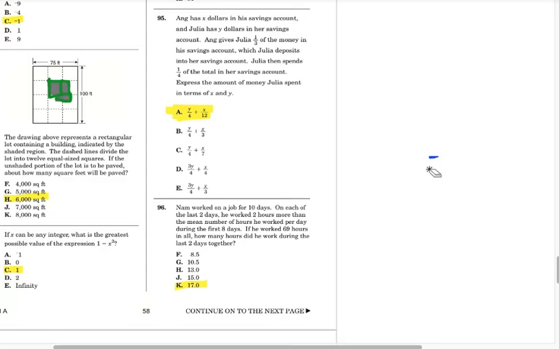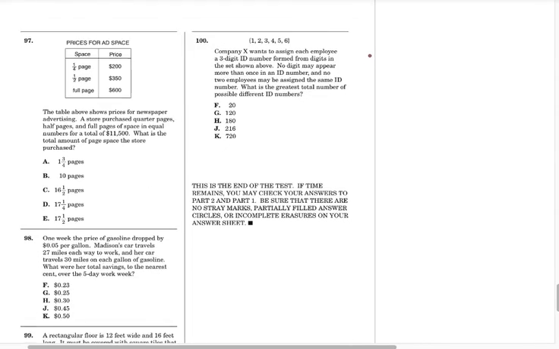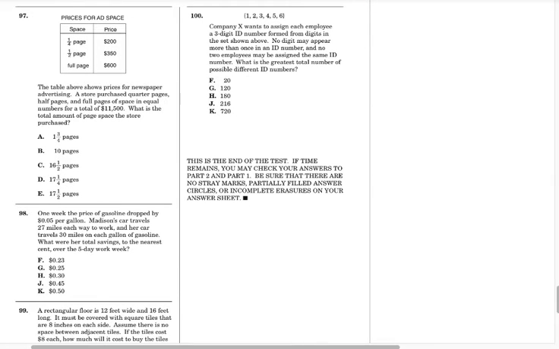All right. Let's go down to number 97. All right, we've got a nice little chart. 3 different kinds of advertisements here. They're going to use an equal number of each.